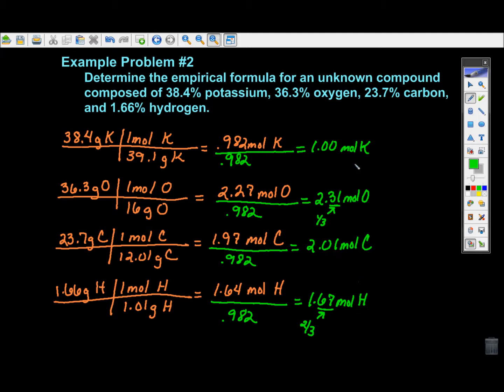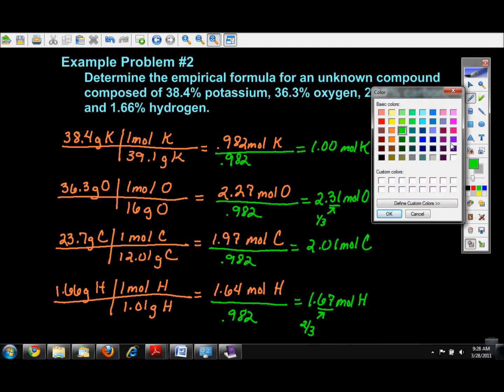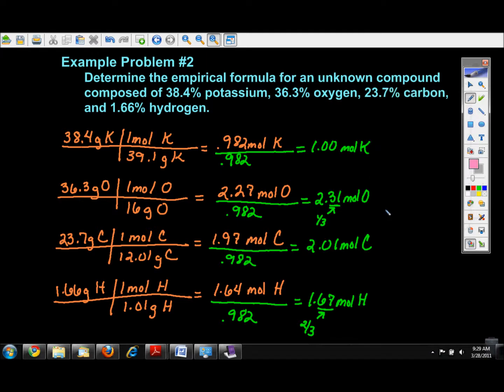So I need to pick a number to multiply all of these molar quantities by to ensure that I have whole numbers. I'm going to change my color for just a second. See if this one will work. As you can see, this is 2 1/3, and this one down here is 1 2/3.